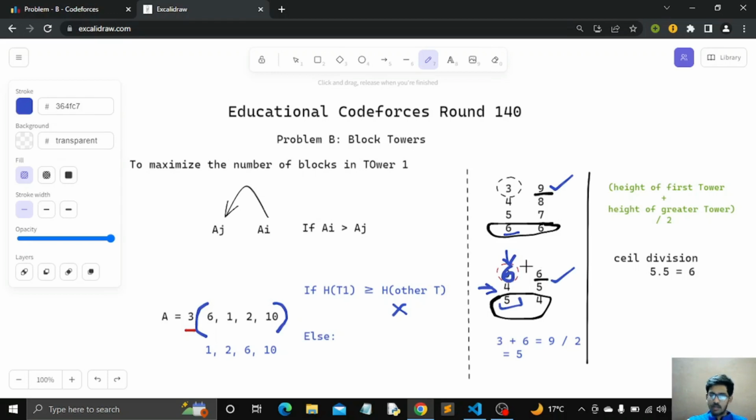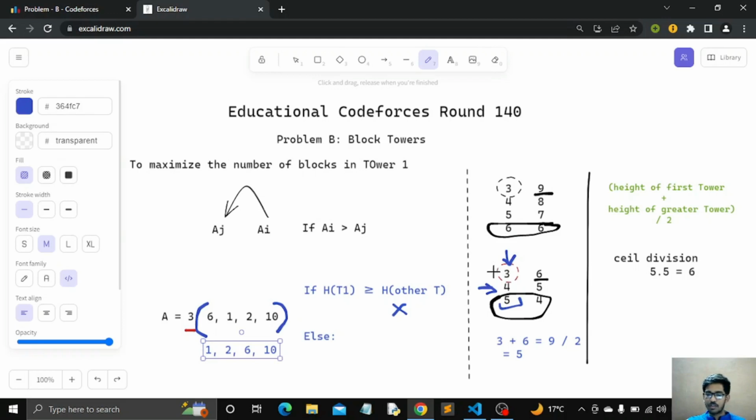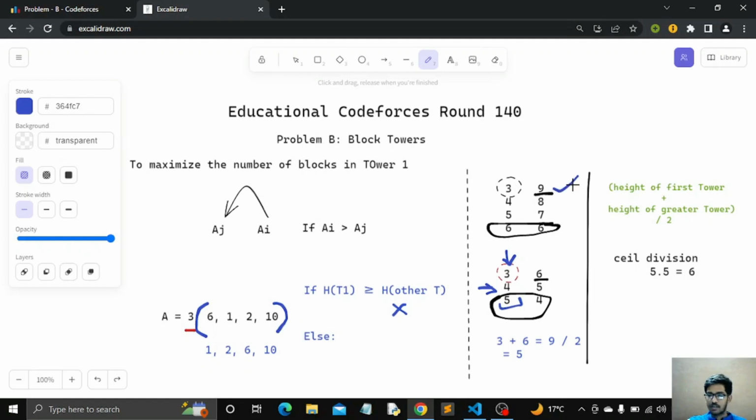But if instead of first considering the tower with height 9, we perform these operations on the tower with smaller height, so if we consider the tower with height 6 and we start performing this operation, our updated height will become 5. Now we can again perform this operation with the other tower which has height 9.